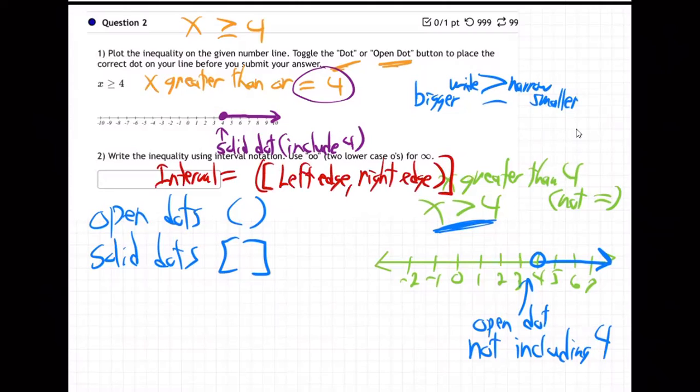So okay, what's the left edge? Well, here's the left edge of my shading, right? Left edge of the shading, right edge of the shading. That's what I'm referring to. And here's the left edge, here's the right edge.